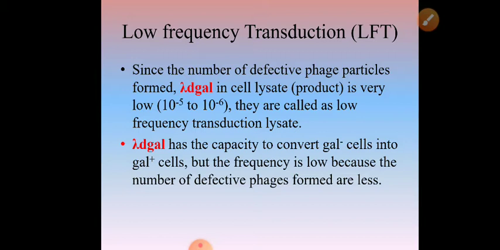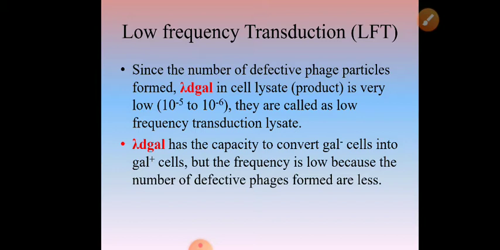Now, lambda D gal has the capacity to convert gal minus cells into gal plus cells. But the frequency is low because the number of defective phages formed is less under natural induction process. So such a type of transduction is called low frequency transduction.